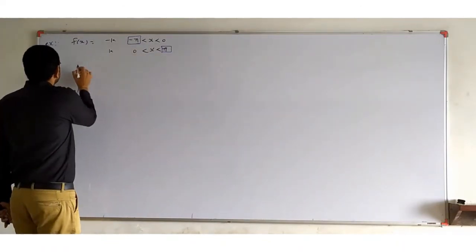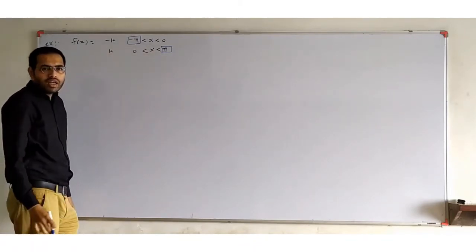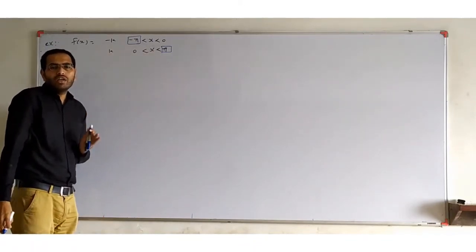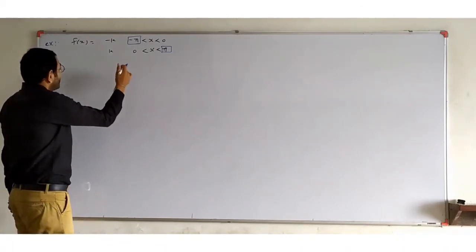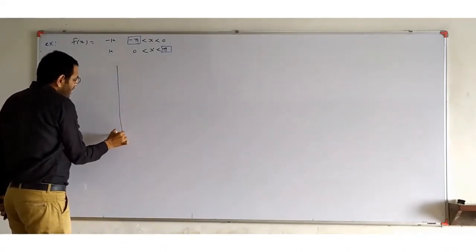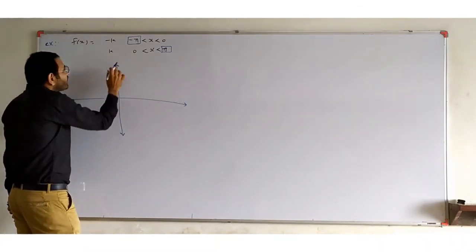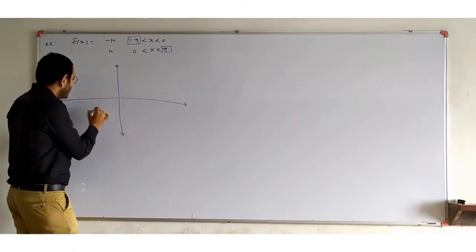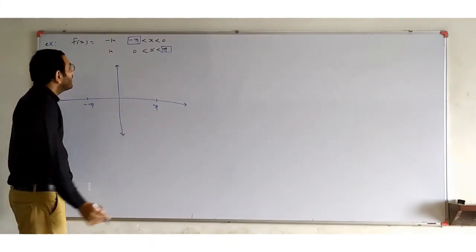Then the limit is symmetric. If the limit is symmetric, then we just check whether the given function is even or odd. And in this example, we have to find the even and odd function with the help of graphical representation. Here minus pi, here pi.